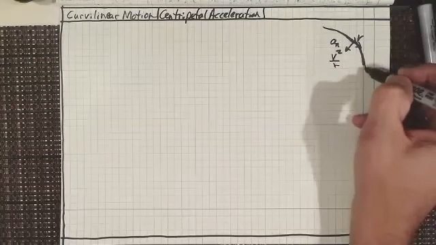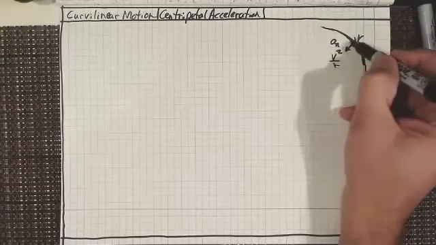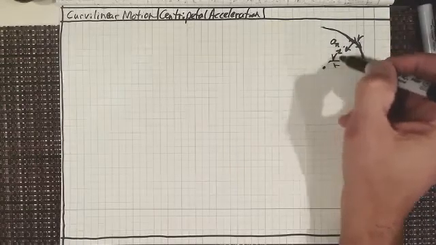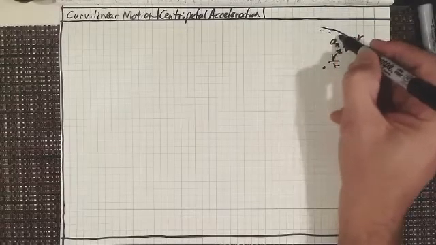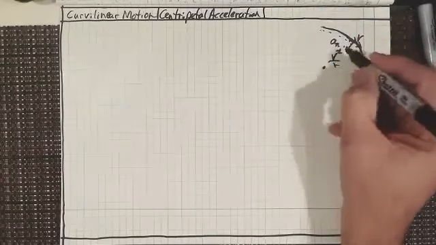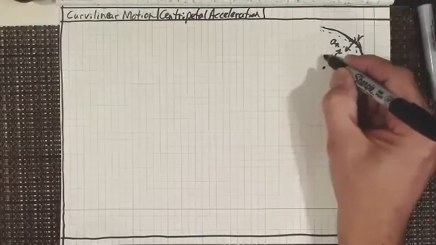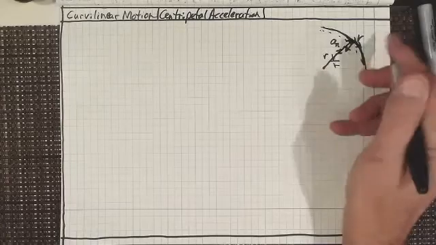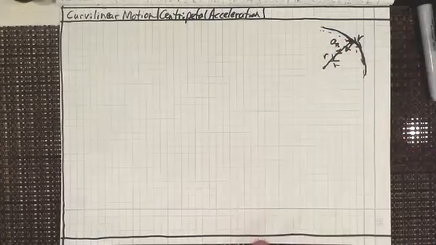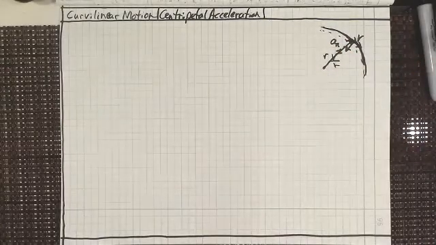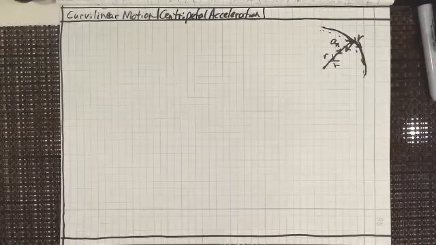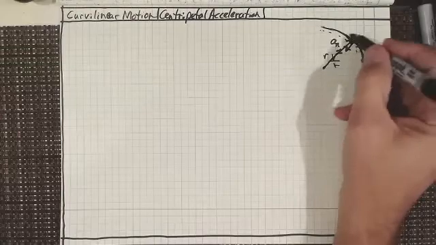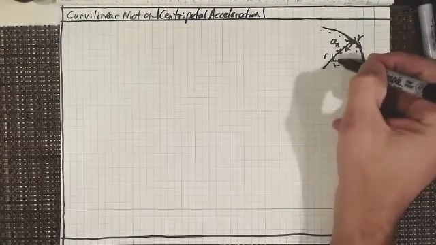And then if I continue to draw this, you could see that I would have a radius of curvature, that's what it's called, right? That's my radius of curvature. So if I know what the radius of curvature is, like in a circular orbit around Earth or something like that, I could figure this out, right? So that's my acceleration.